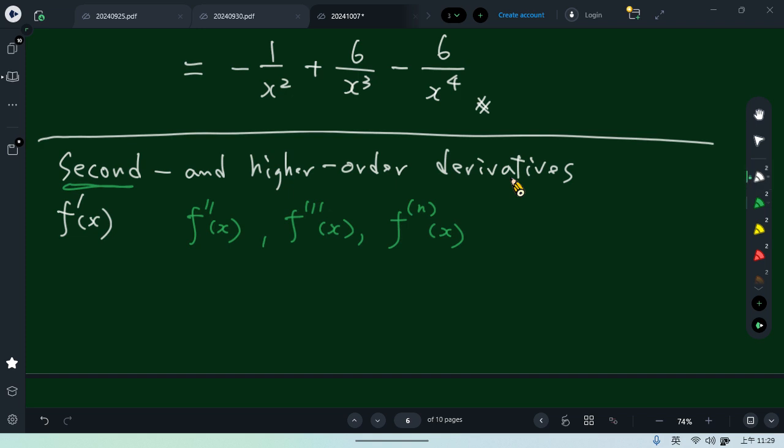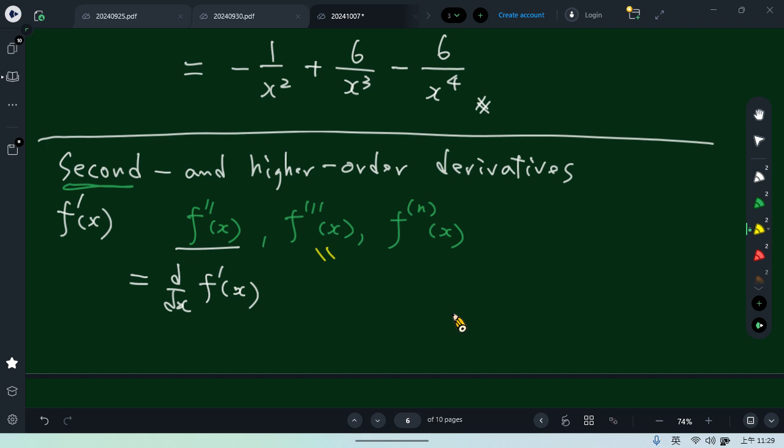So for this, that means we just differentiate f prime x. When we get the first order f prime x, then we differentiate again. Then we can get f double prime x. So you can just follow the same rule.